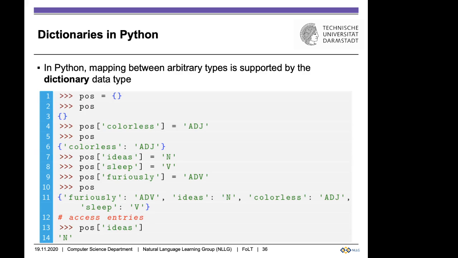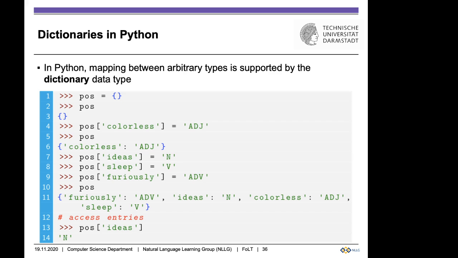First, we create an empty dictionary in line 1, and then in line 4, we assign the first key, colorless, and the first value, adjective. Then we will get the first element with a pair of key and value, colorless and adjective.